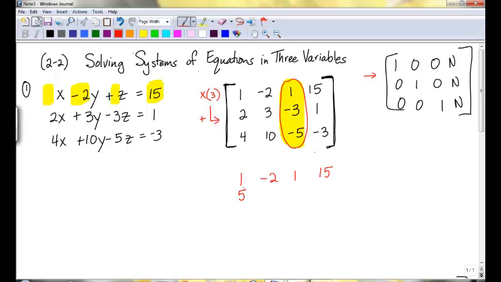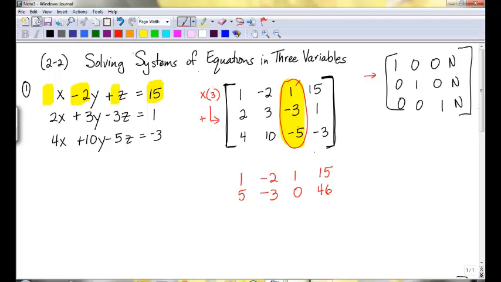Multiply this by negative 2 and add it to 3, negative 3. Agree? Multiply this by 3 and add it to this would be 0. 3 times 15 would be 45, and add it to 1 would be 46. Agree with that row?